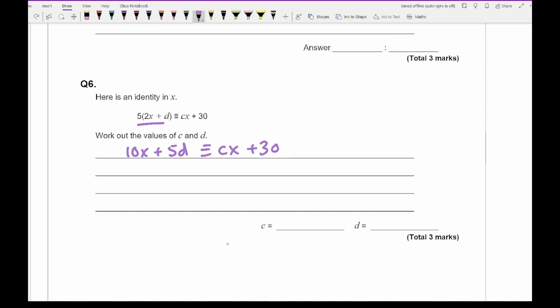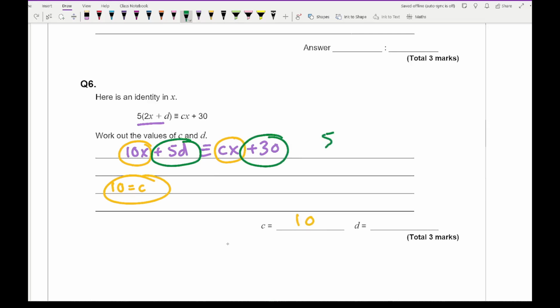Now comparing the coefficients of x, we know that 10x equals cx, so 10 equals c, and that's been simplified, so we could say c equals 10. And then for the constant, we've got 5d equals 30. So here from this we can divide by 5, so we get d equals 6. So we get c equals 10 and d equals 6.